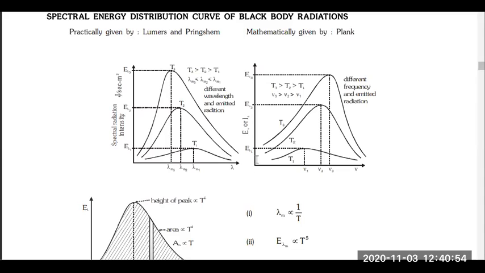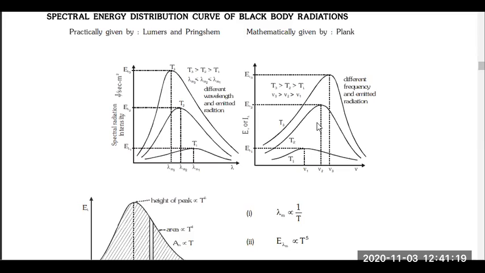So can I say that for any spectral radiation, as we increase the lambda, the spectral radiation intensity will try to increase up to some maximum temperature, okay.